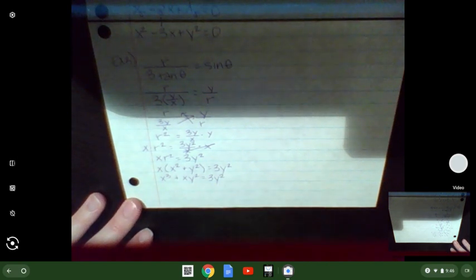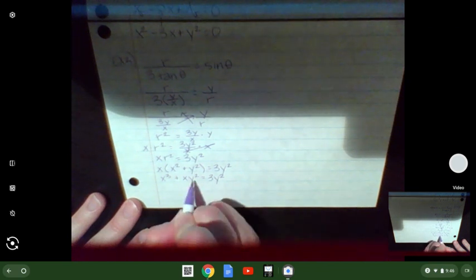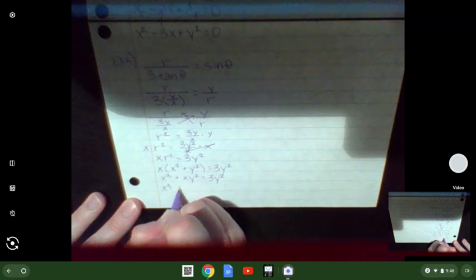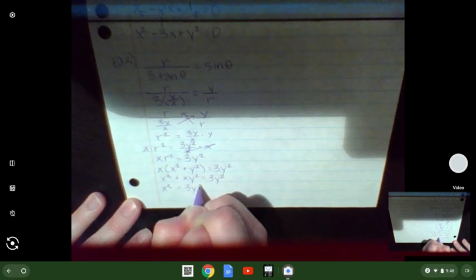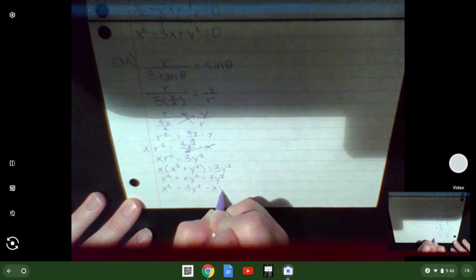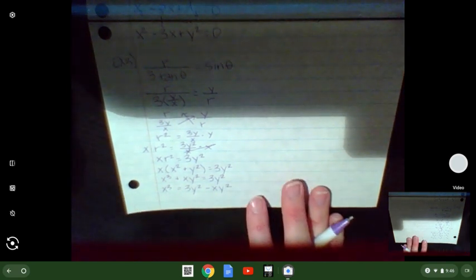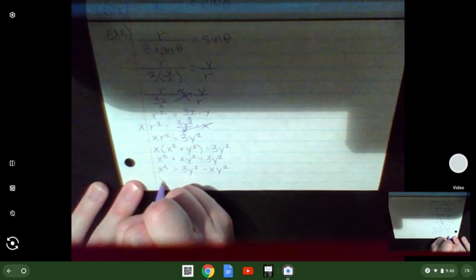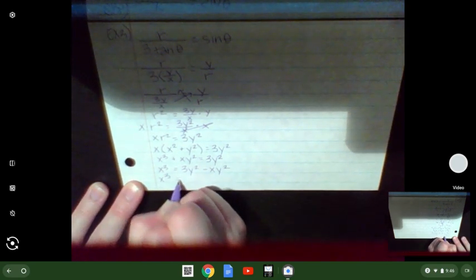To get that y by itself, well, I got y's on both sides, never going to get y by itself if it's on both sides. So I'm going to subtract the xy squared to the right, which gives us 3y squared minus xy squared. Noticing on the right-hand side that I actually have this common y squared, I'm going to go ahead and factor that out.